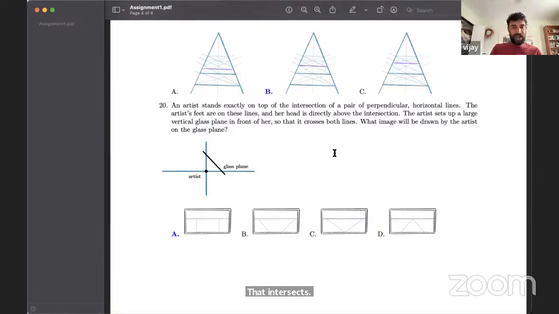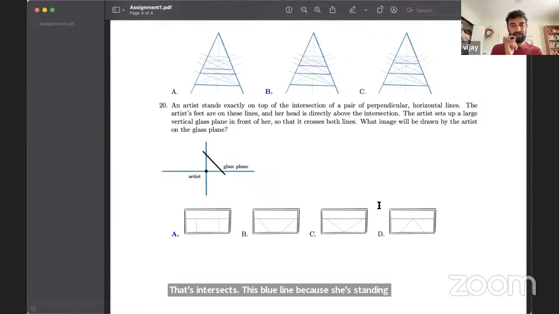All of her sight lines are trapped in a vertical plane that intersects this blue line because she's standing on this blue line. So another way of saying that is, whenever you try and draw a picture on a glass plane of a line that you are standing on, that line is going to appear vertical in your picture plane. Because as you look further and further down it and keep marking the points where your sight line pierces the plane, those points are just going to be moving.